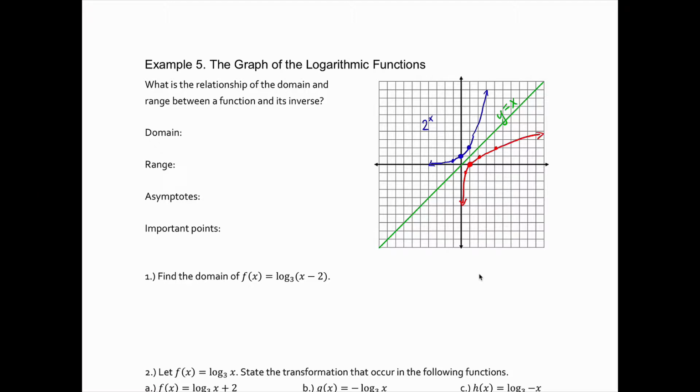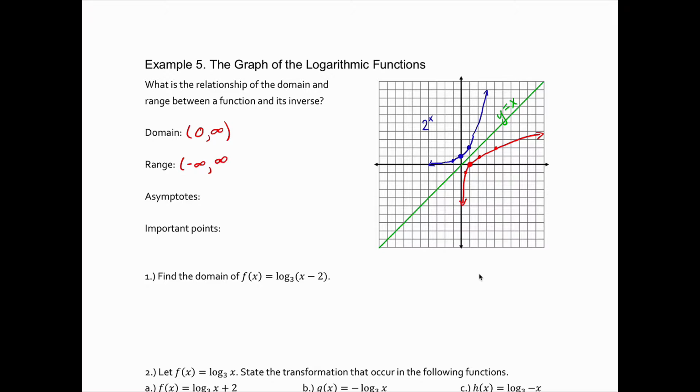Now, the domain. We even mentioned this earlier. If we look at this graph, it will never be left of the y-axis. So the domain is going to be 0 to infinity. The range, on the other hand, goes down to negative infinity. And even though it's not growing very fast, it is still continuing upward.